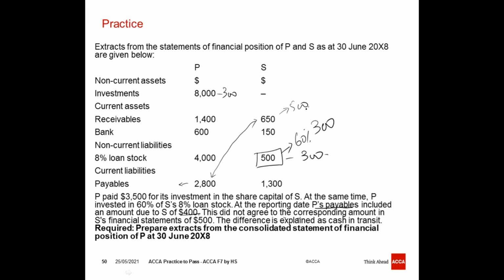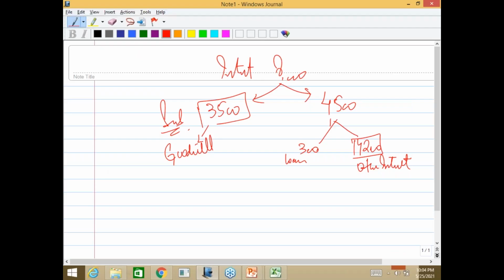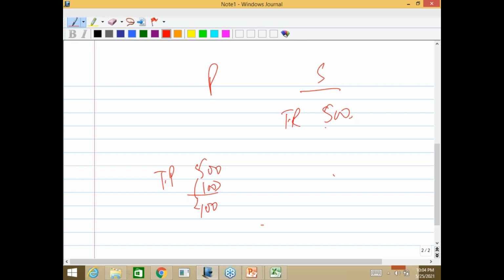So there is a difference of 100 which will be considered as cash in transit. Previously, there was a receivable of 500 in the books of the subsidiary, so the same amount should also be reported in the books of the parent company. These two amounts should be equal. But the parent company has paid 100 and its liability has now become 400, which is not reconciled with the related receivable in the subsidiary books. So the difference is cash in transit.